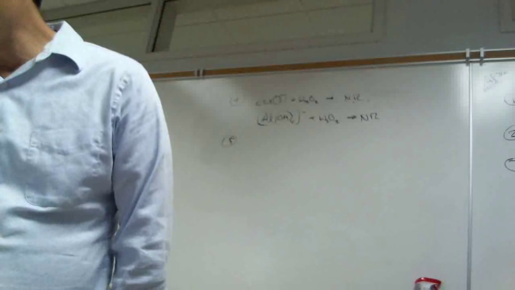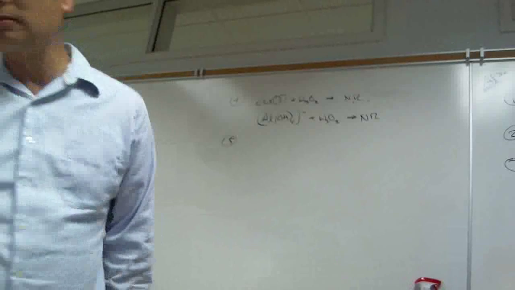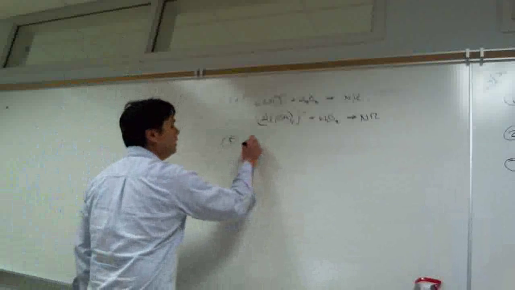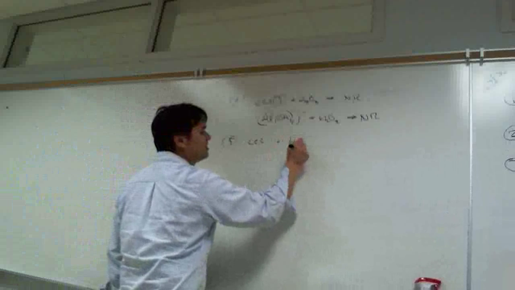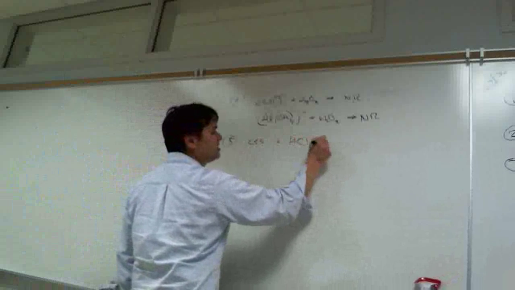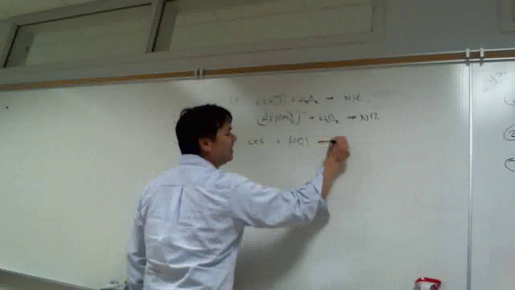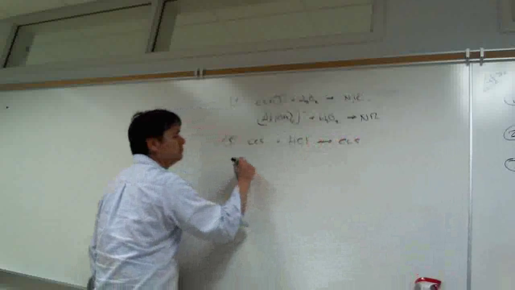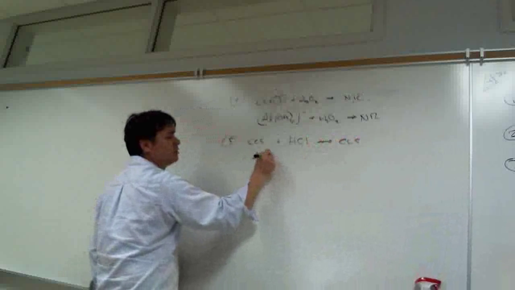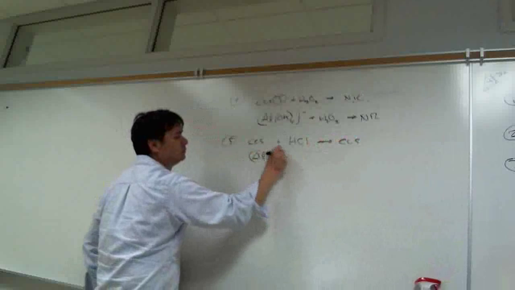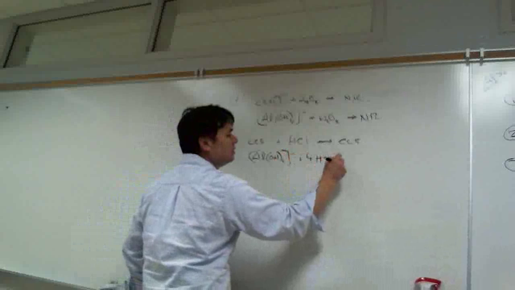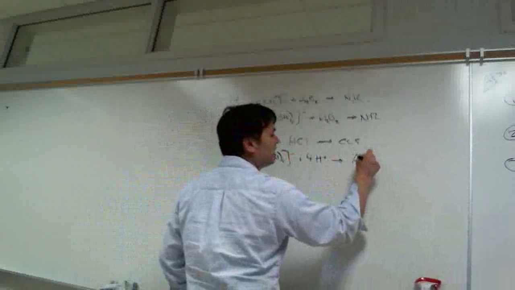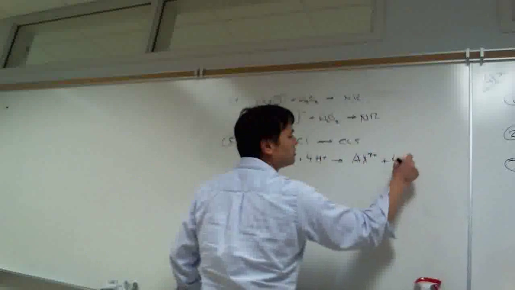And so the HCl comes next. And what the HCl does is it destroys the complex. That is, we get this CCS plus the HCl, we're just going to get another CCS. And so the tetrahydroxyaluminate plus 4H plus is going to give us Al3 plus 4 waters.